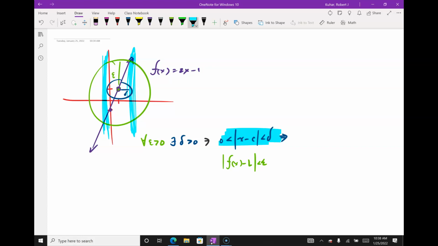So it's stuck within the width of the bullseye. So I'll never hit out here. This will never happen. I could hit here, okay? But it will never hit out of that range of delta, right? I'll never hit outside this range of delta.